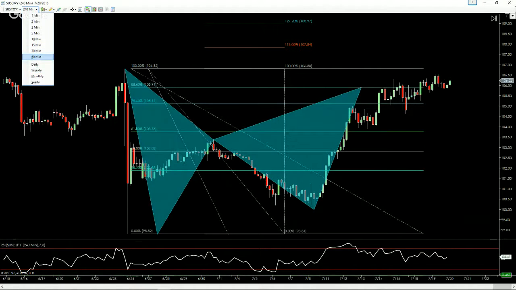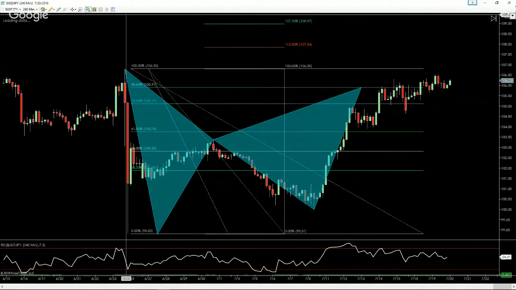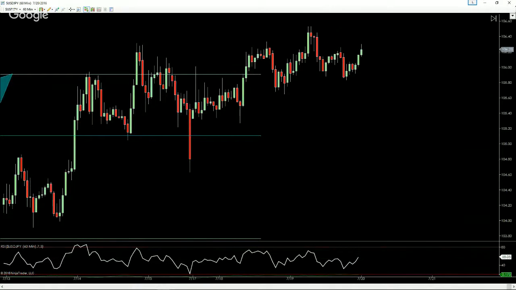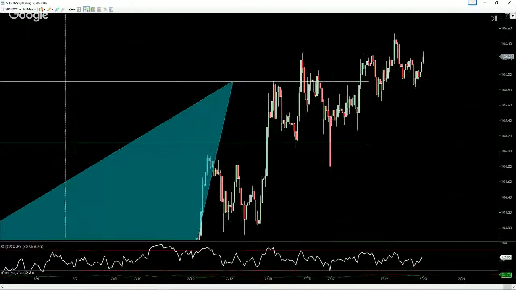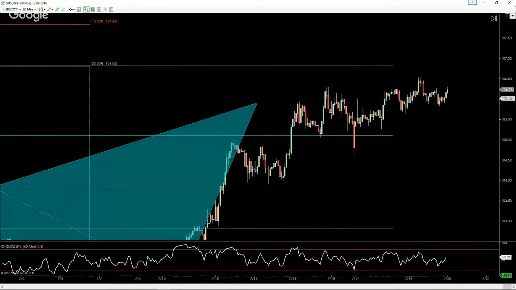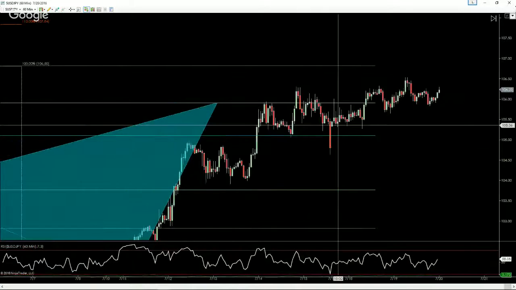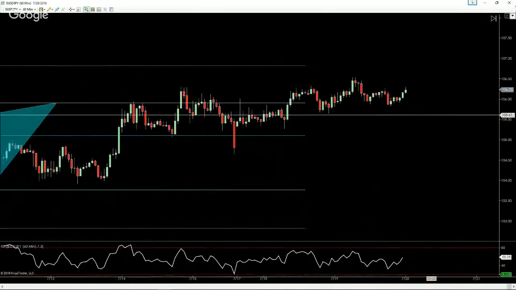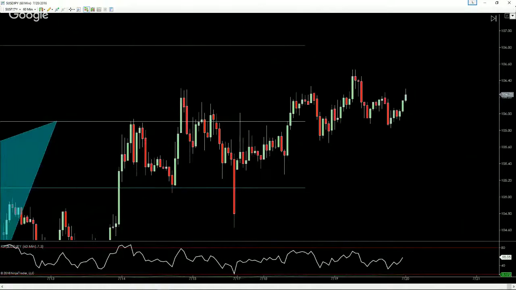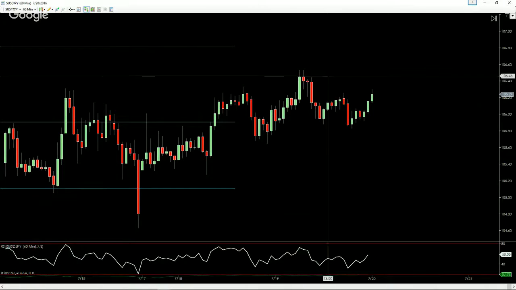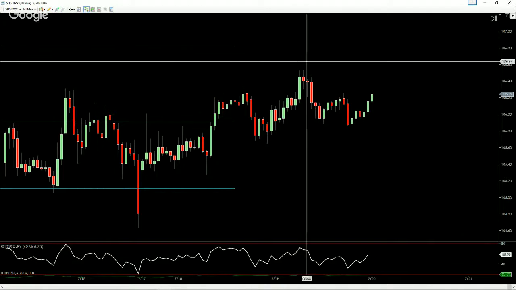Let's go to 60-minute if we have anything. Not very much, but if this right here in the lower time frame did provide me with some opportunities to take advantage of, I might be able to take advantage of that bigger move.